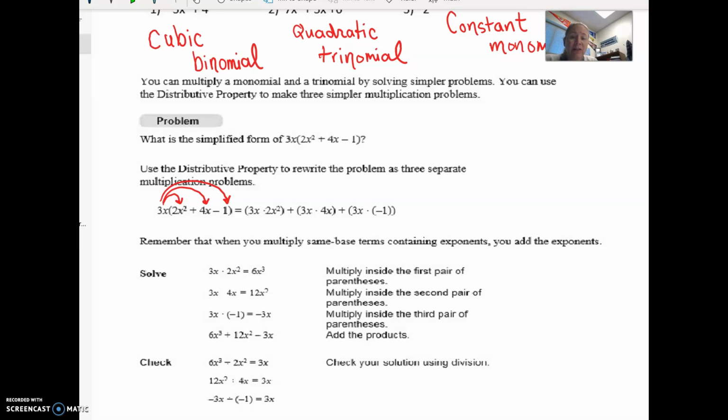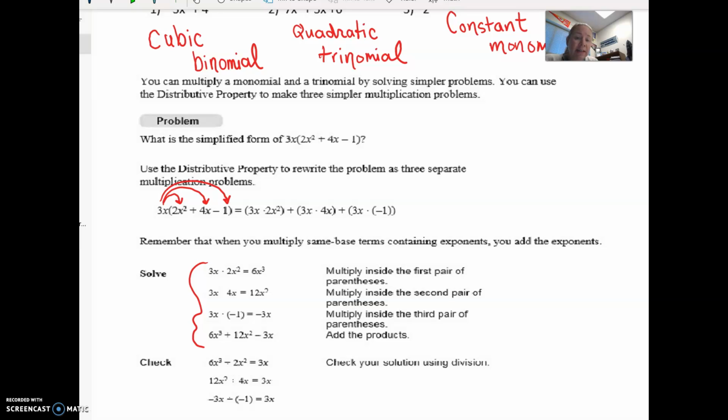So the 3x you have to multiply. Remember, when we're multiplying with exponents, if they have the same base, then we add the exponents together. If you look here, it breaks it down. We would do the first part here, and multiply those first 2 together and add the exponents.